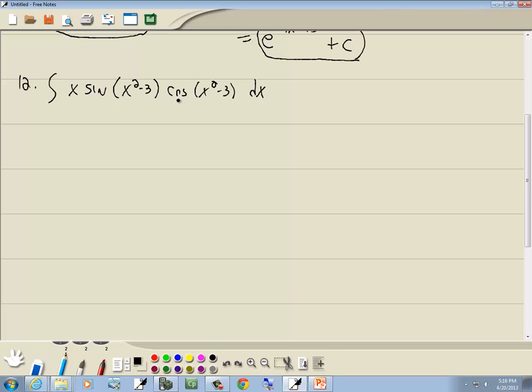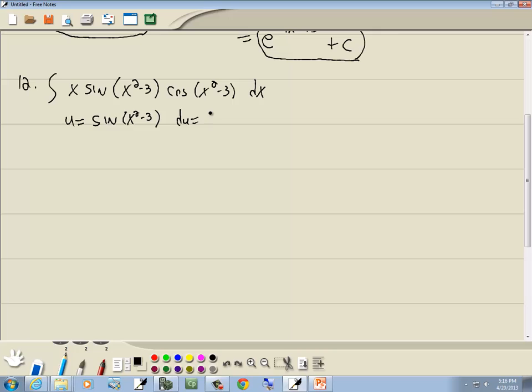If I try to let u equal what's inside the parentheses, u is equal to x squared minus 3, du would be 2x dx, which then we have some extra information here. So if the standard things to try fail, then you try some non-standard. Maybe we'll let u equal sine x squared minus 3.